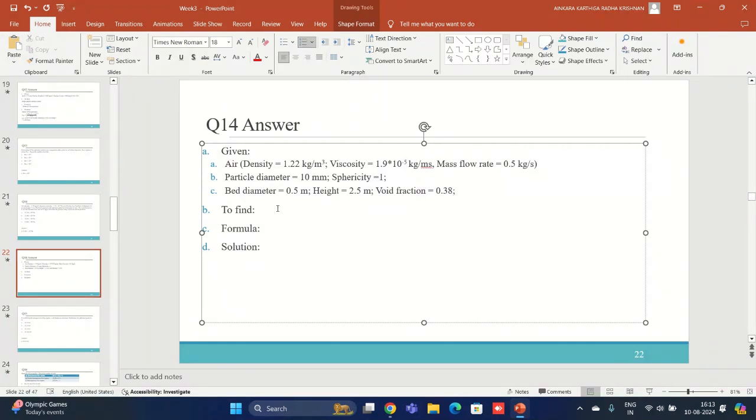That's all given, and we need to find the pressure drop across the bed.